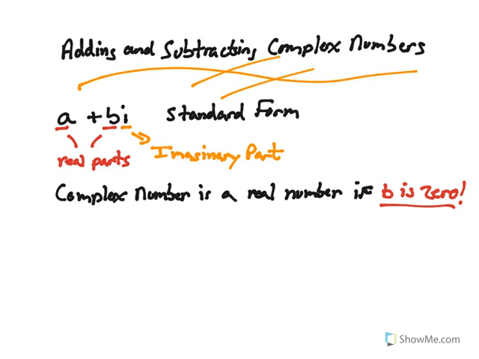So when you have a complex number, okay, remember, it's going to be a plus bi. And you got to keep in mind that your a and b are real numbers, okay?